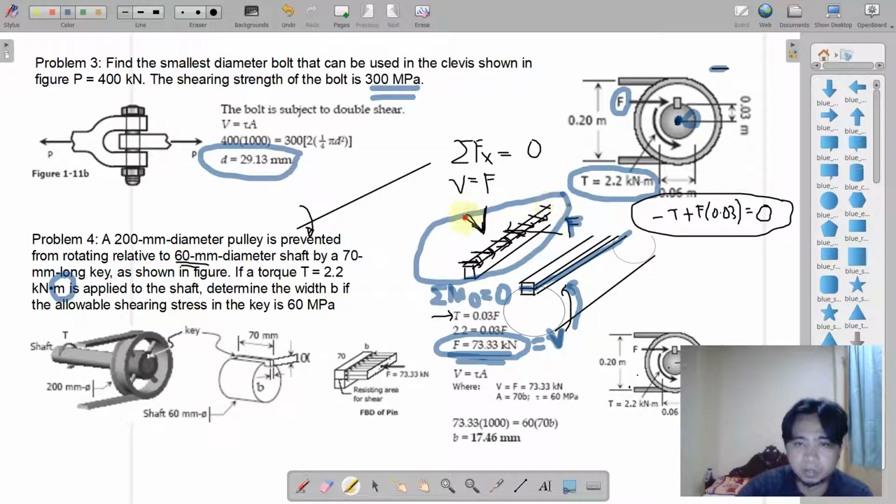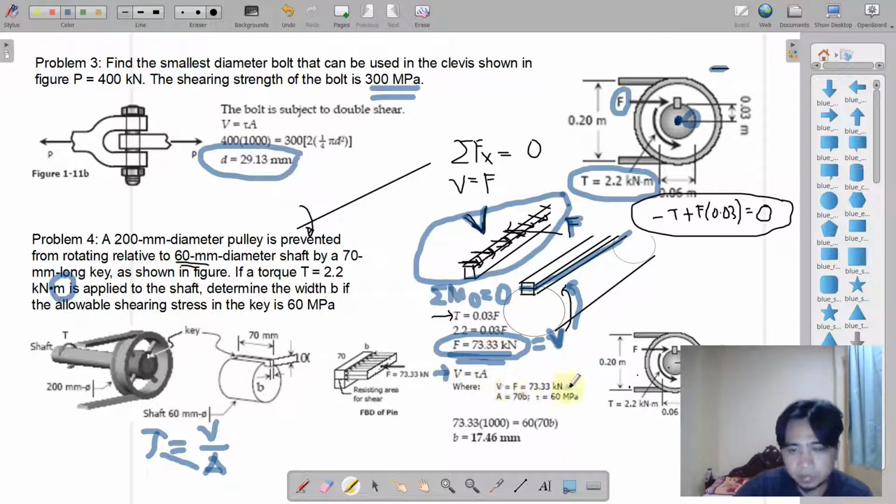So it is denoted by a single letter V. So proceeding now, we have to apply this formula. We cross multiply that, and then here we go again. V is equal to the tau times A.